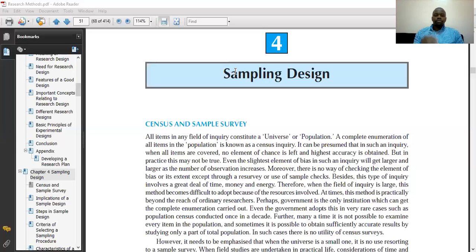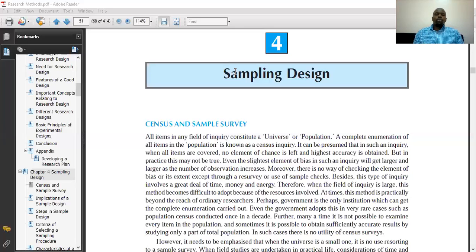So a sample is a small unit that represents the whole. In research, you can say that a sample is a small unit of an item or people in a population that represents the whole in the rest of the population.